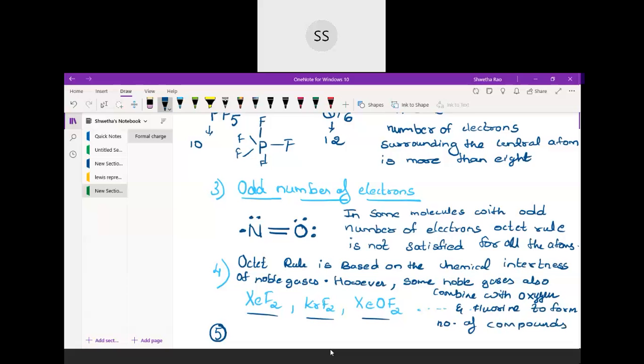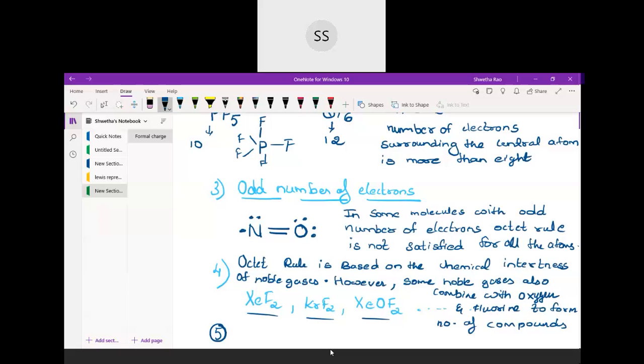Side heading is not there. For this you can directly write the fourth drawback here, because we can tell they have expanded octet, odd number of electrons. If you want, you can write that noble gases also form large number of compounds.